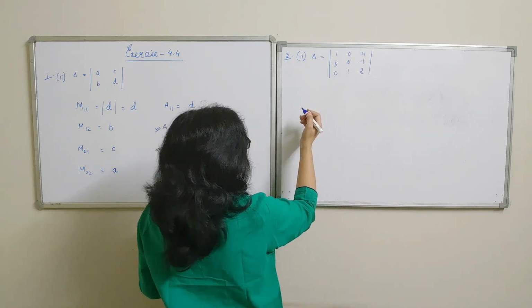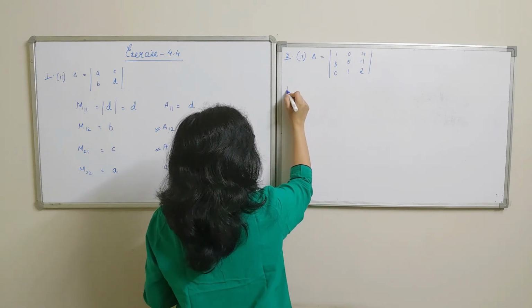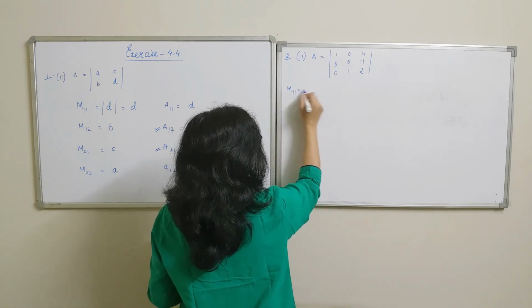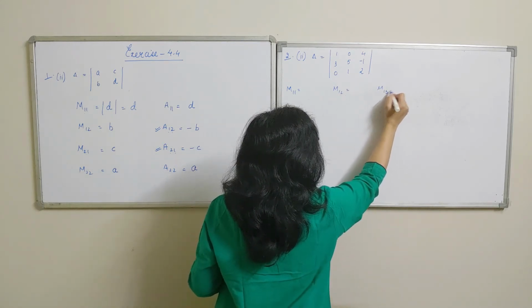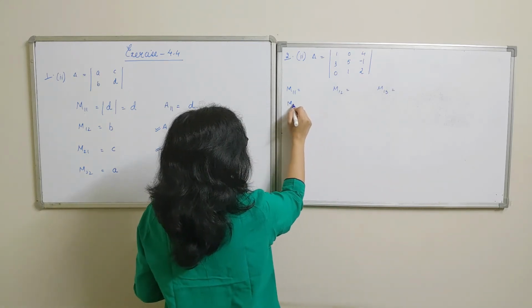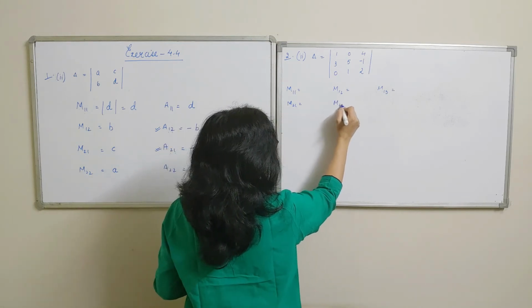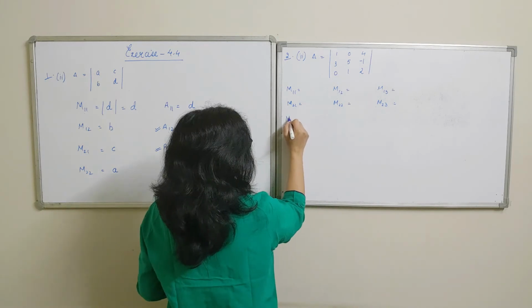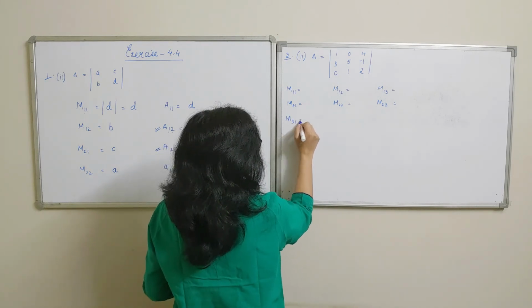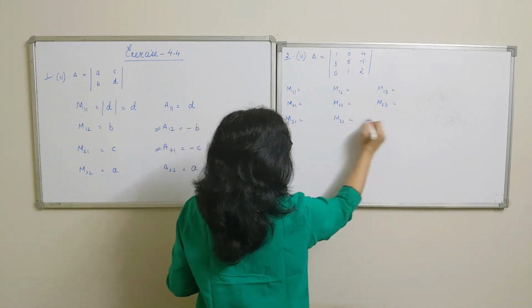So 9 elements. Let us find out the minors first. M11, M12, M13. Then next M21, M22, M23, and then M31, M32, M33.